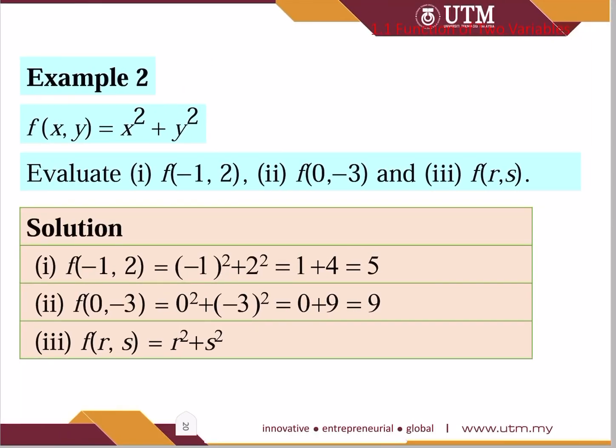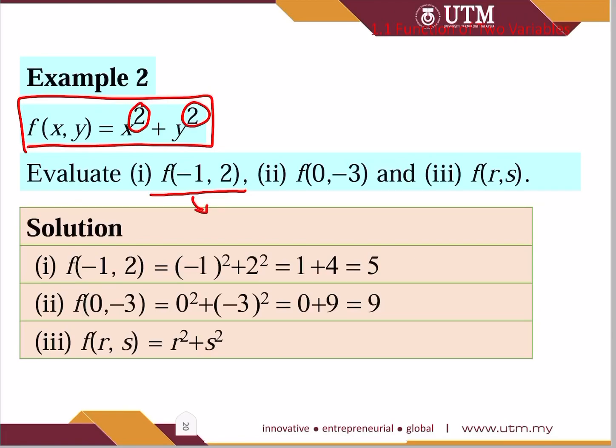Okay, so let's look at another example. Let's say we have x squared plus y squared this time. Again, if we have (-1, 2), this time we need to square the value of x and the value of y, because the value of x is still negative 1 and the value of y is still 2, but this time it is a different function.